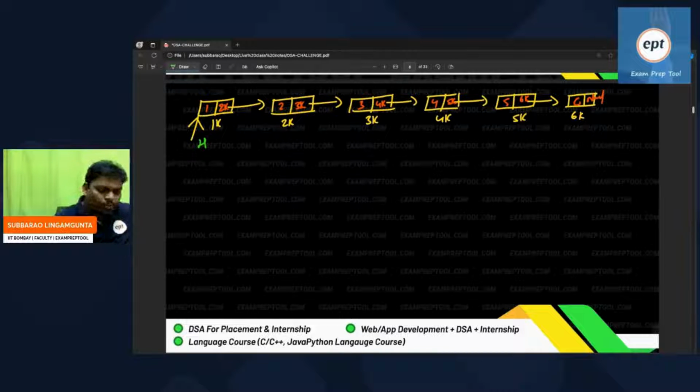Take two more people, which are before the head node. One you take before the head node, which is null as of now. One more you take before the head node, which is also null. Take two like this.